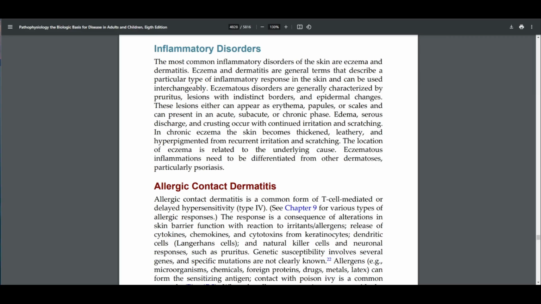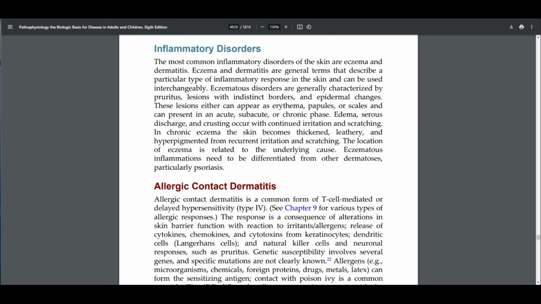These lesions can appear as erythema, papules, or scales, and can present in an acute, subacute, and chronic phase. Edema, serous discharge, and crusting occur with continued irritation and scratching. In chronic eczema, the skin becomes thickened, leathery, and hyperpigmented from recurrent irritation and scratching.